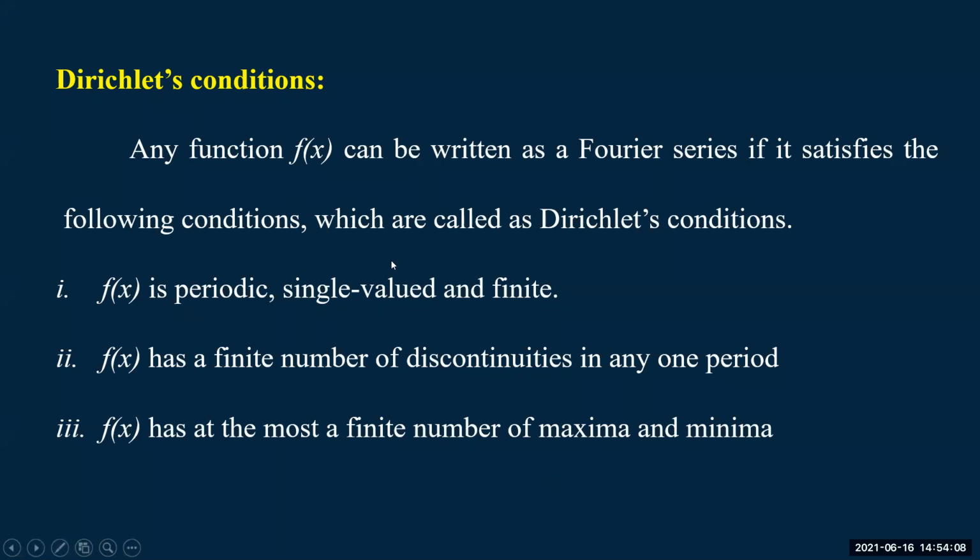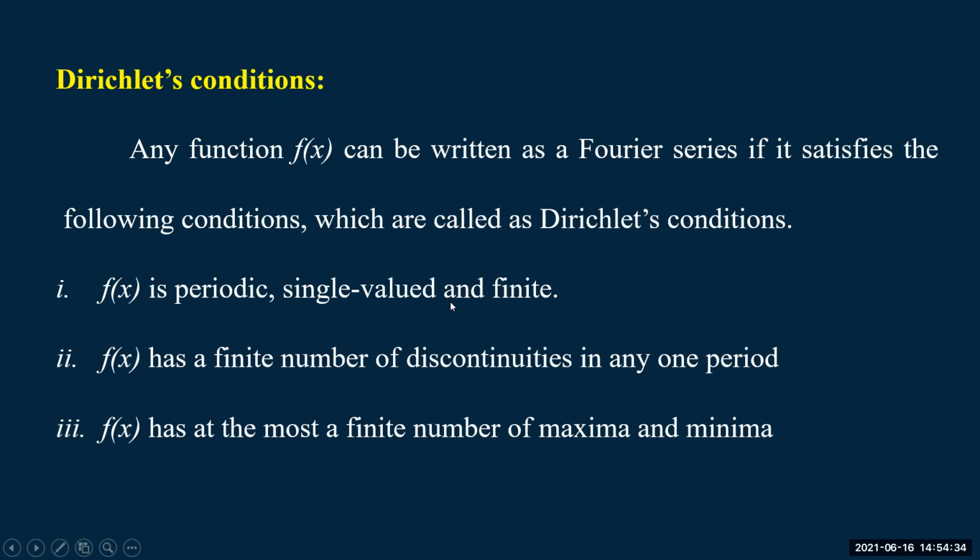What do you mean by single valued? When you give a certain input x to the function f of x, it must give you a unique value. For any input, you can find f of x as a single value. Then it is a single valued function. And for no x, if you substitute it in f of x, should the value be infinite. I mean, for no x is the function value infinity.